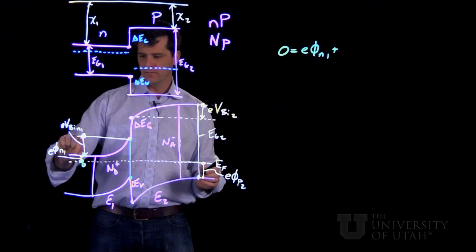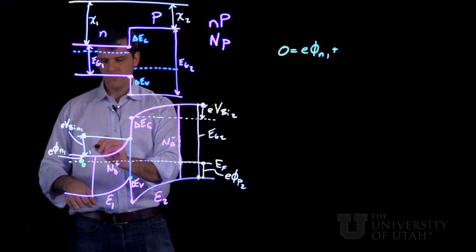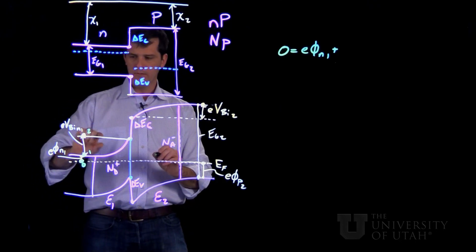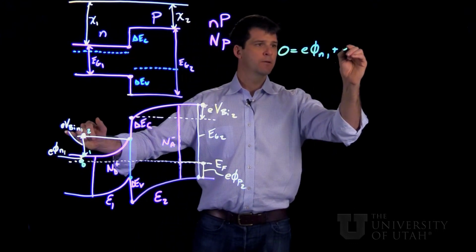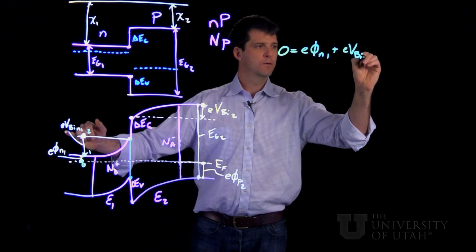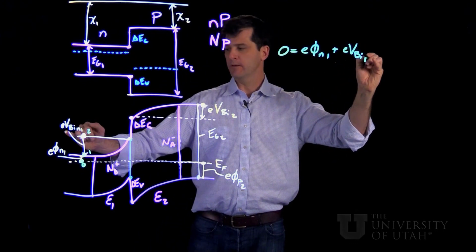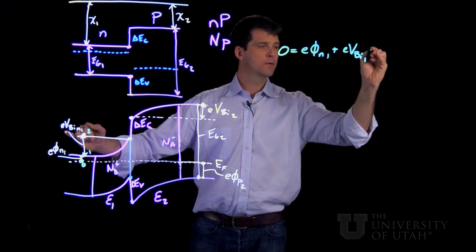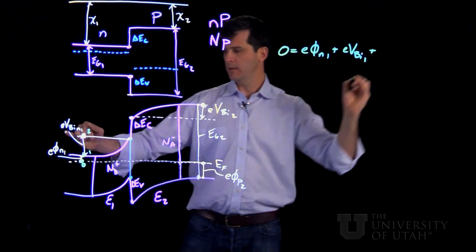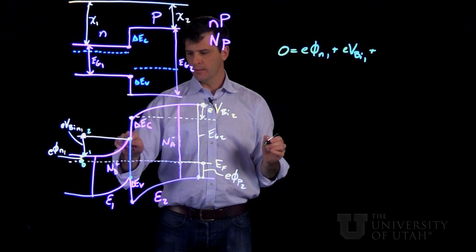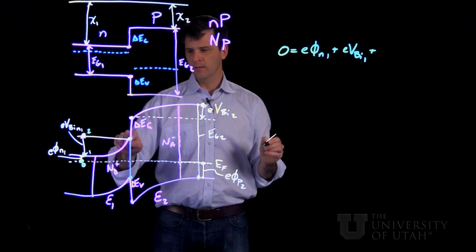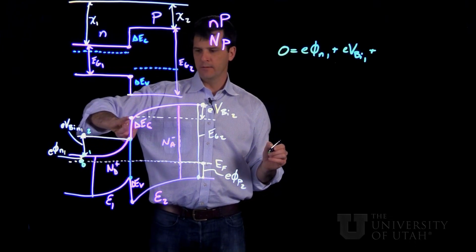So the next place we go is from 0.1 to 0.2. If we do that, we've gone up by the built-in voltage on the left-hand side, or semiconductor 1 here, which is also the n side. If we slide over to here, staying at the same energy, the next thing we can add is delta EC.